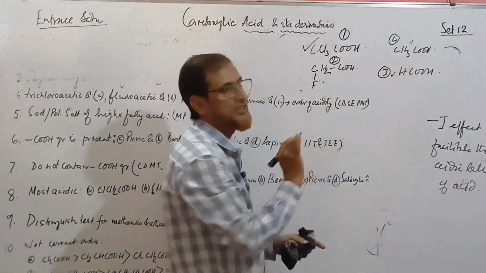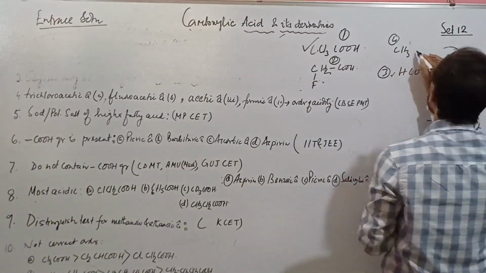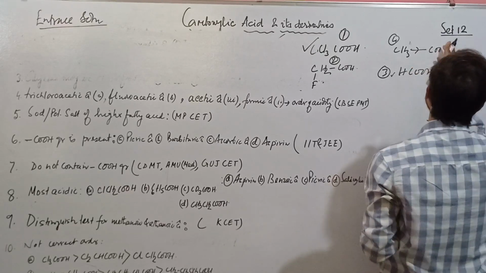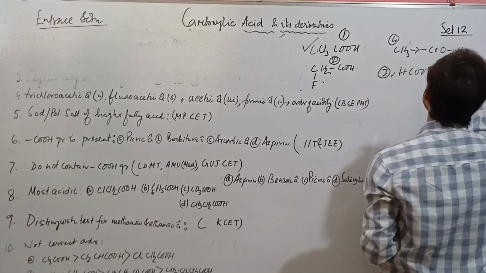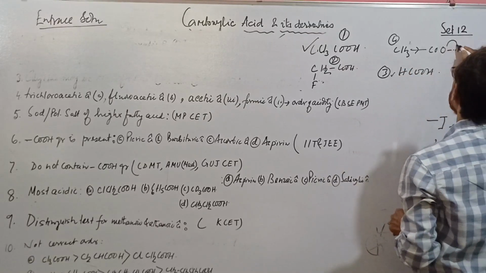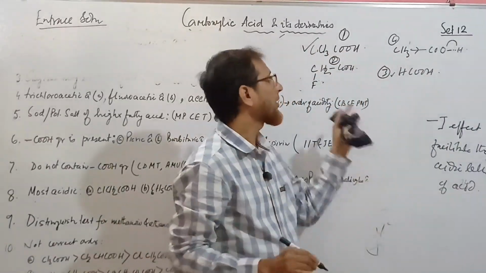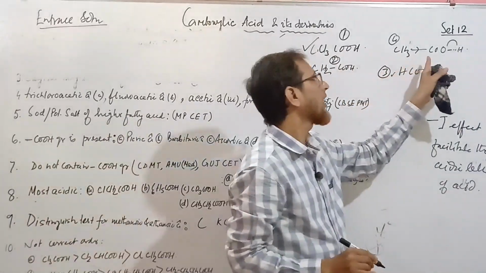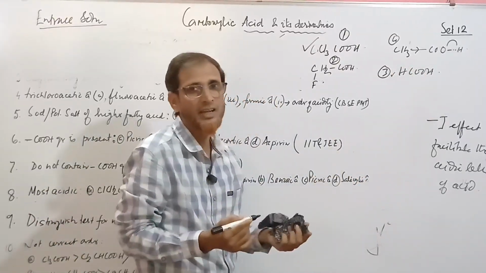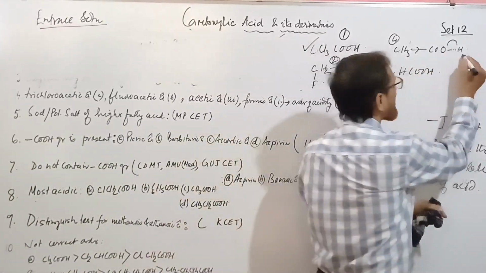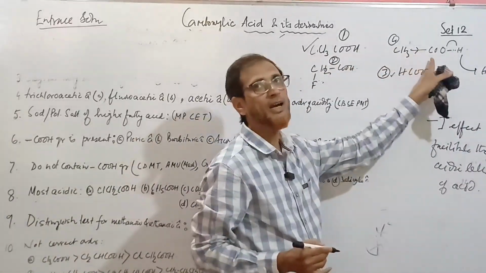Here the order is a bit changed, because in acetic acid there is a plus I group. Am I right? When there is a plus I group, the electron density on that OH group increases. It is the reverse of the minus I group. If a plus I group is attached, the OH bond of COOH becomes denser. Hence, release of H as proton is a bit tough, so it will be a weaker acid.